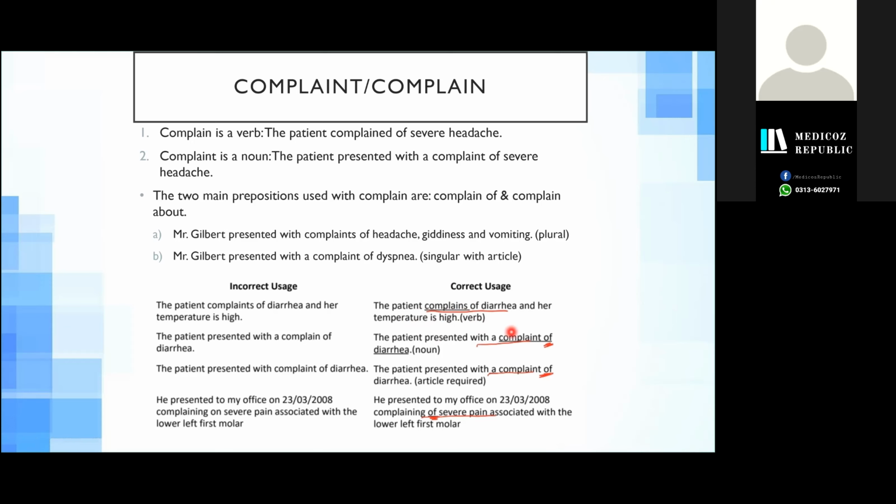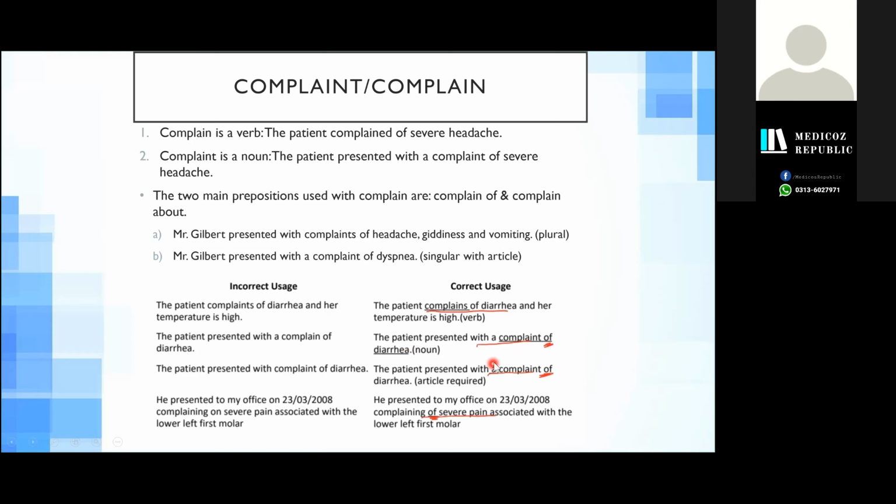So the verb can have different forms. It can be complained, complains, but we cannot have different forms of the word complaint. We cannot add ed at the end of complaint, so that becomes a noun.